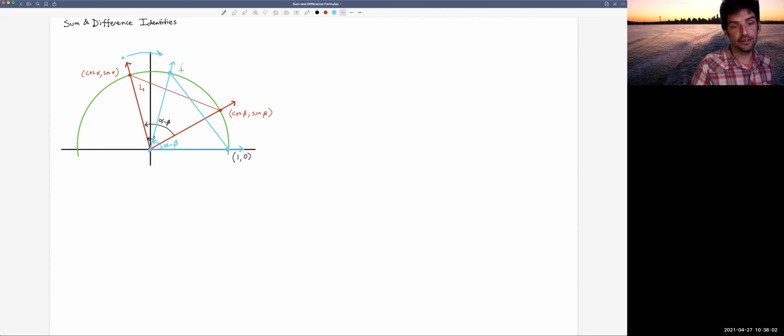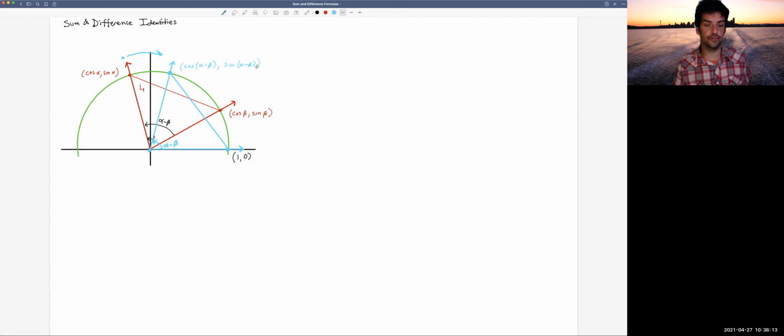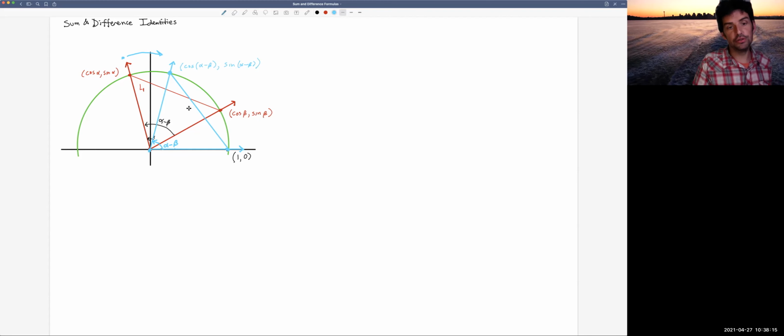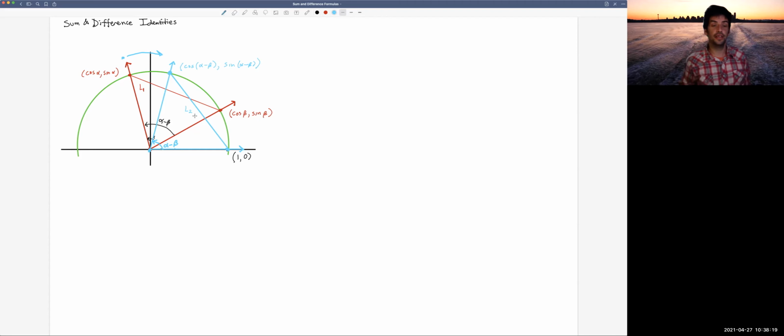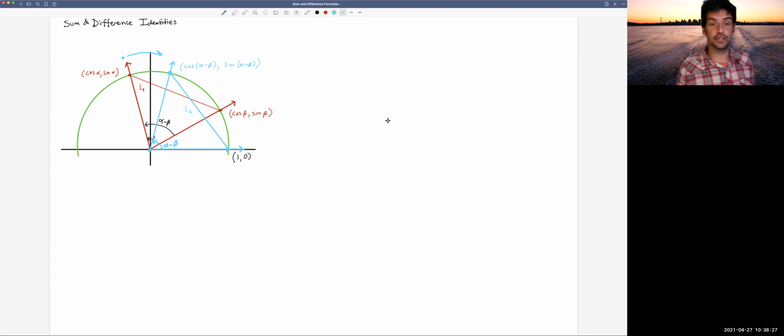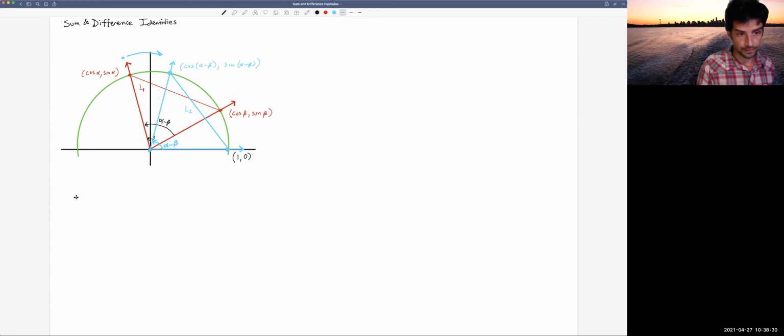This right here now will be cosine of alpha minus beta, sine of alpha minus beta, right? Just from our definition of the trig functions. And I'll call this blue line connecting these vertices that are on the unit circle L2, okay?